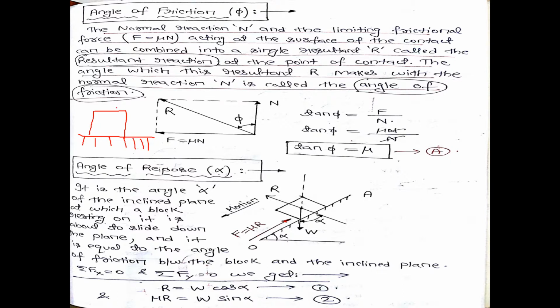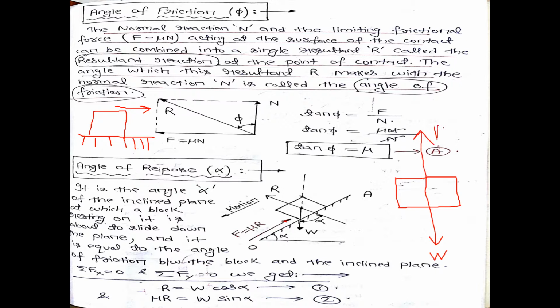Assume that this block is moving in this direction, and if I draw the free body diagram of the block, it will be somewhat like this: weight of the block acting vertically downward from the center of gravity of the body. The block is in contact with this rough surface, which will give a normal reaction to this block in the upward direction, vertically upward from the center of gravity.